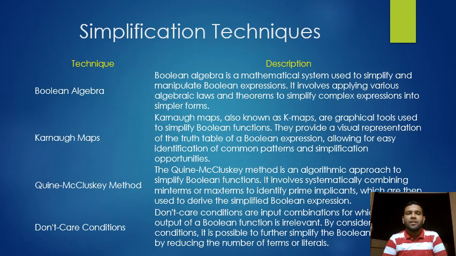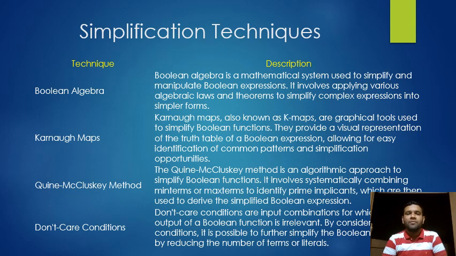The next one is Karnaugh maps. Karnaugh maps, also known as K-maps, are graphical tools used to simplify Boolean functions. They provide a visual representation of the truth table of a Boolean expression, allowing for easy identification of common patterns and simplification opportunities.